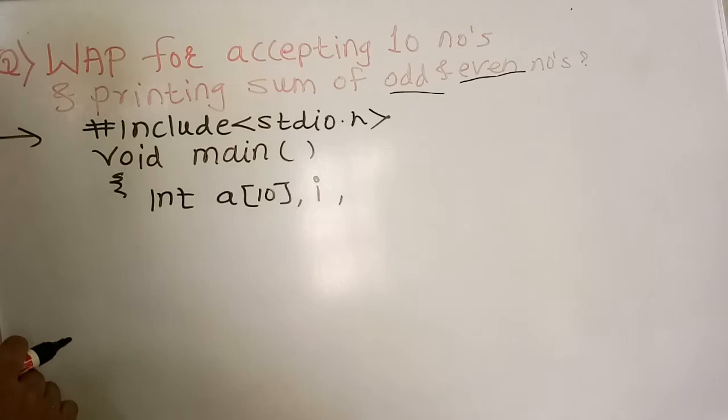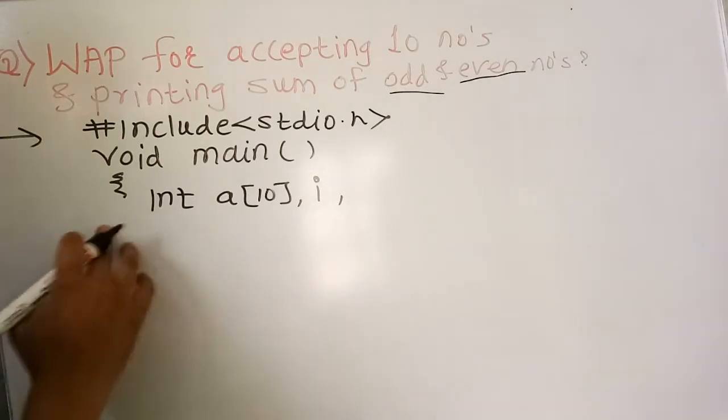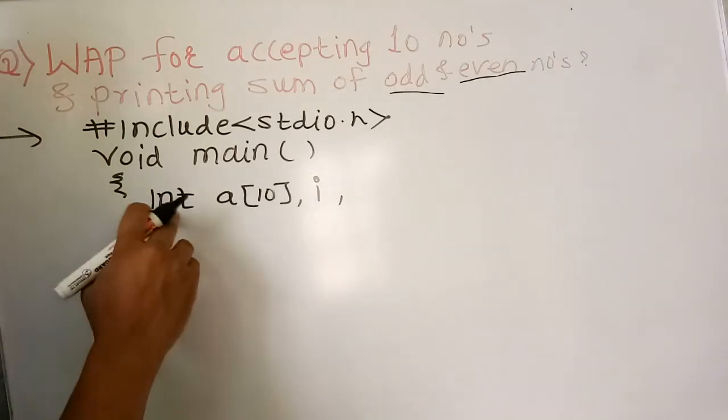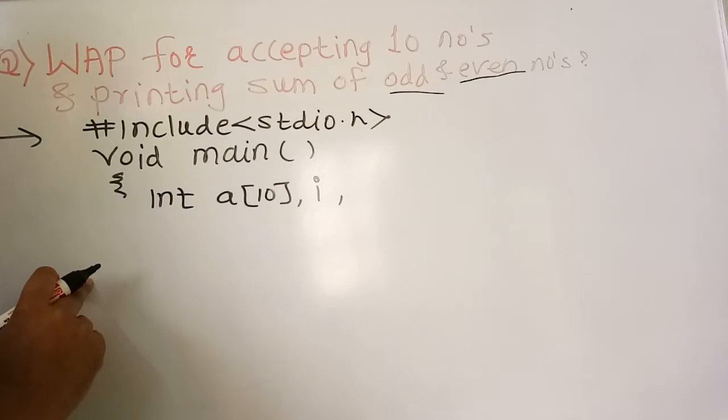Now we have to calculate the even sum and odd sum. Now we all know that if we are storing anything into one variable, and it is not initialized to 0, then it will collect garbage values.